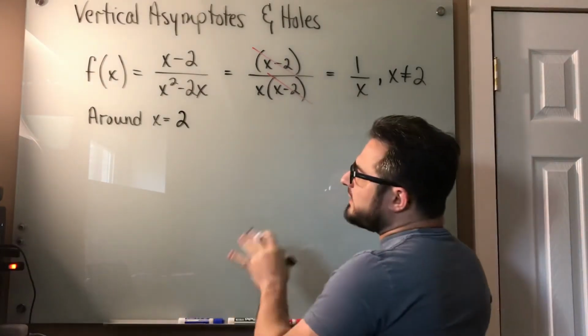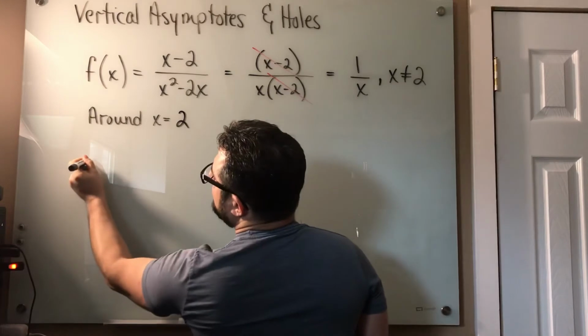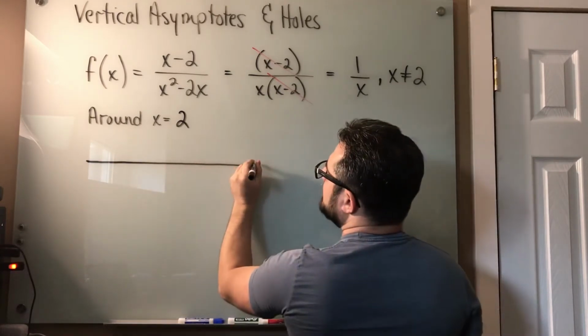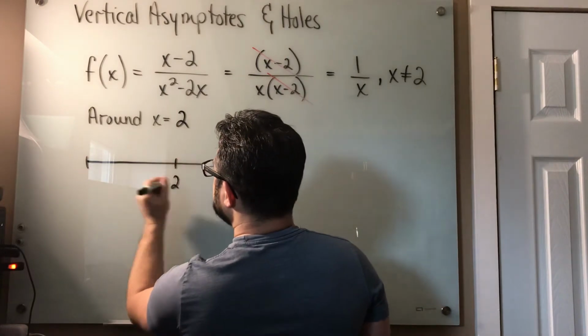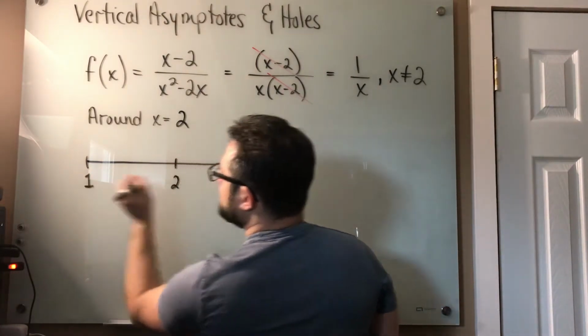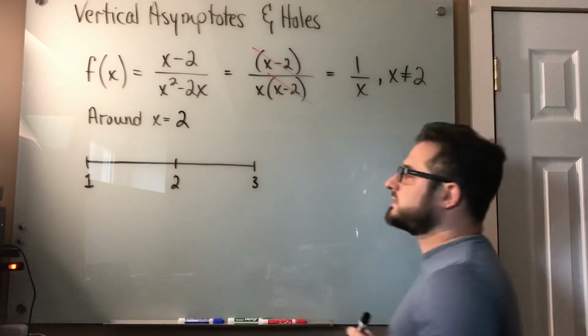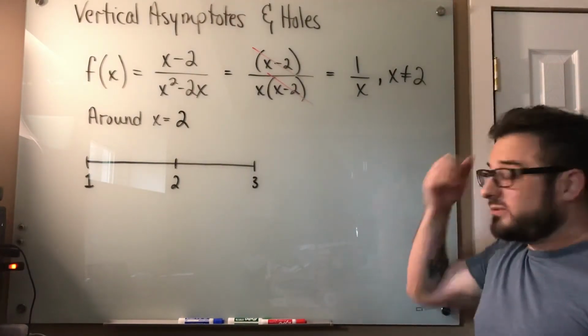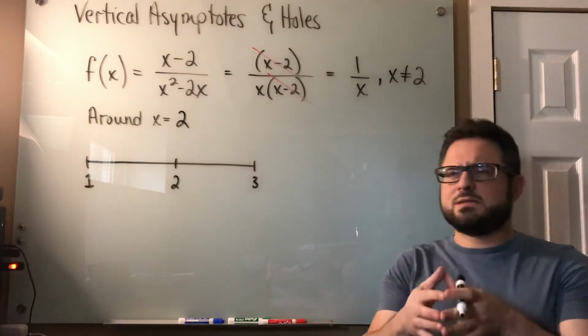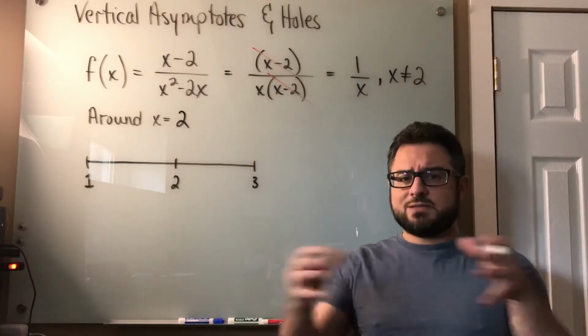Now, before we do that, let's take a look again at the number line concept, with 2 being in the center as our target, and the closest integer values to 2 are 1 and 3. Now, what we did before, when we were centered on 0, it was kind of easy because of the symmetry around 0.